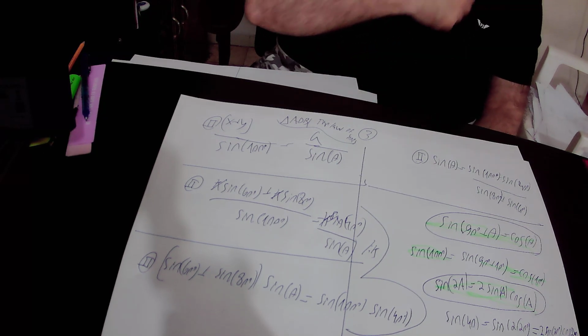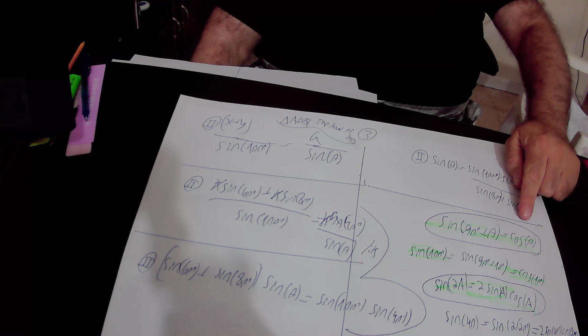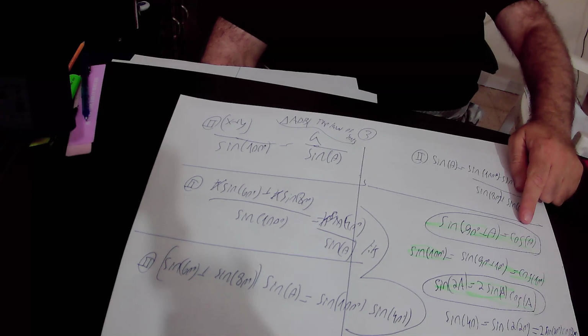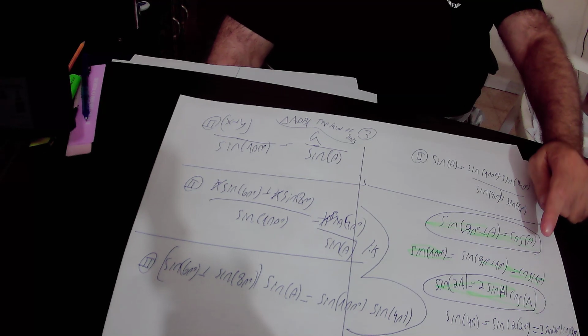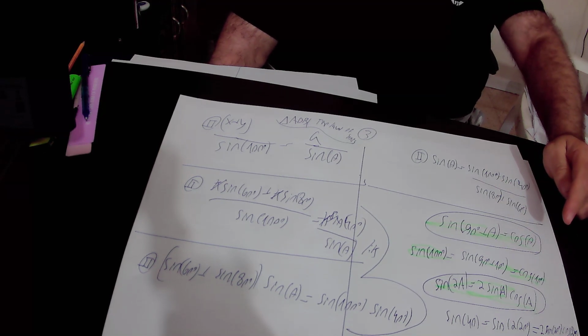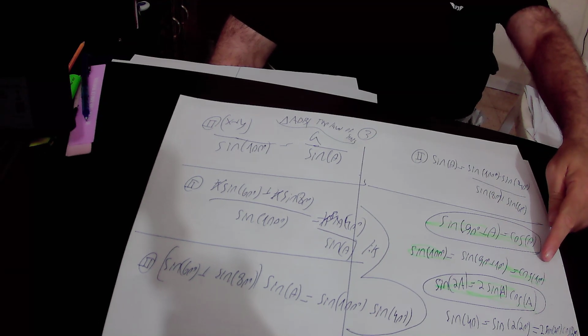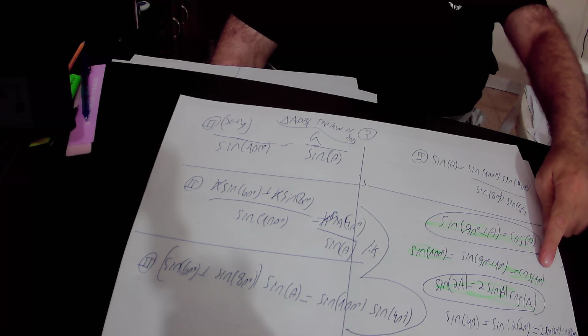Okay. Then we have the trigonometric identity that sine 90 degrees plus theta equals cosine theta. So according to this identity, we will get that sine 100 degrees, that is equal to sine 90 degrees plus 10 degrees, is equal to cosine 10 degrees.